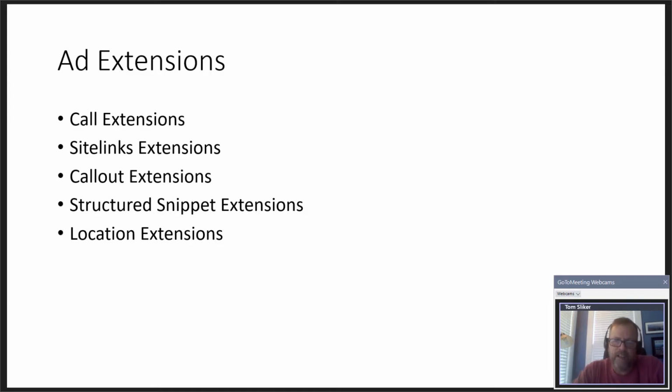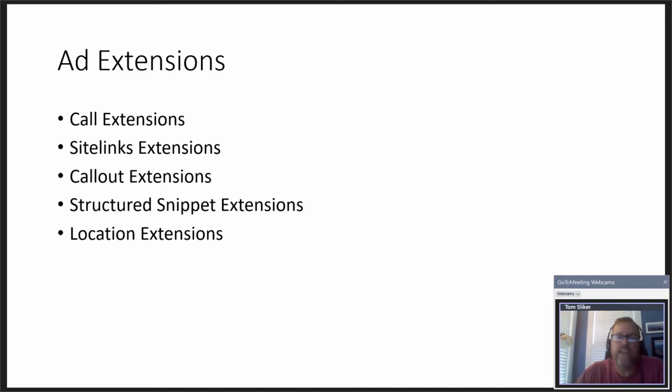You effectively enter information that you think would be helpful to get clicks or more information about your products and services, and Google will programmatically decide which things to show at what time, and then measure the success of these one against another.